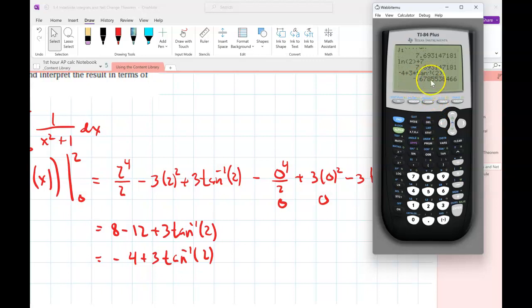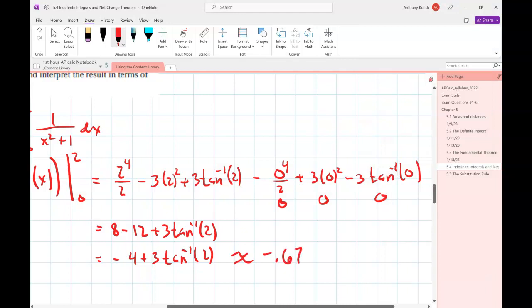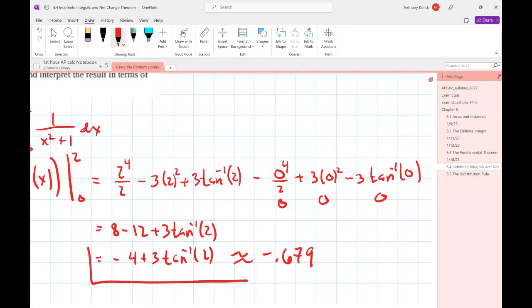So negative 0.678 or 0.679. I think either is fine. If you wrote this step, I would not complain about either of those answers. I think they are reasonably appropriate, assuming you have some work to back this one up, and I know you didn't just type it in your calculator. Right, I showed you guys how to do that last time. Type a definite integral in. Yeah, okay.